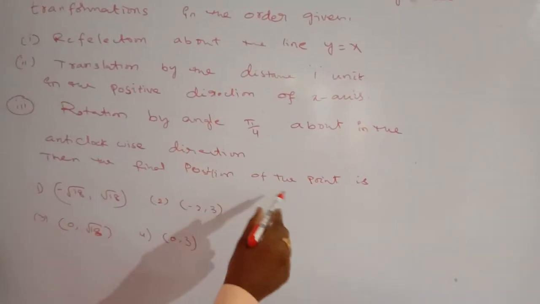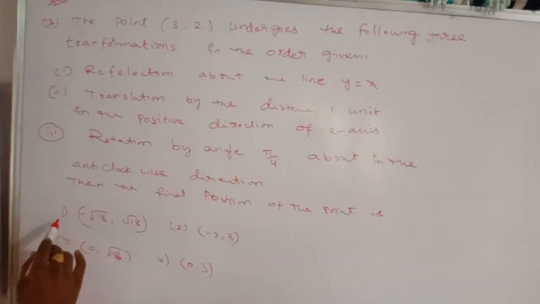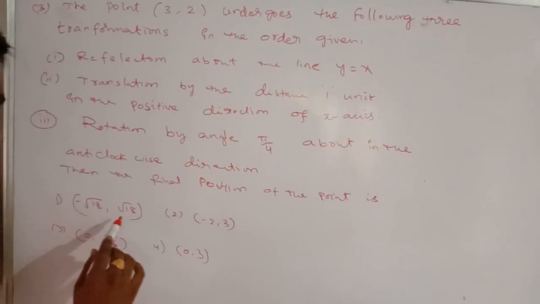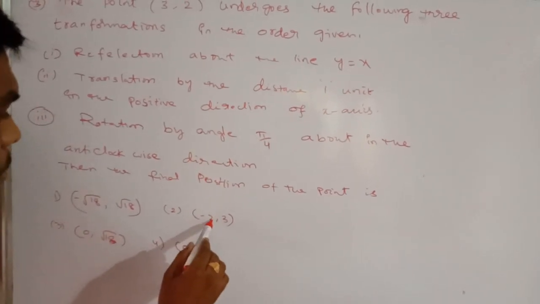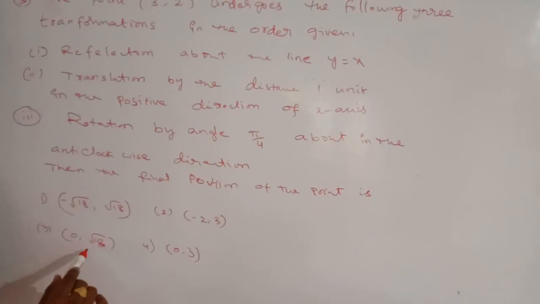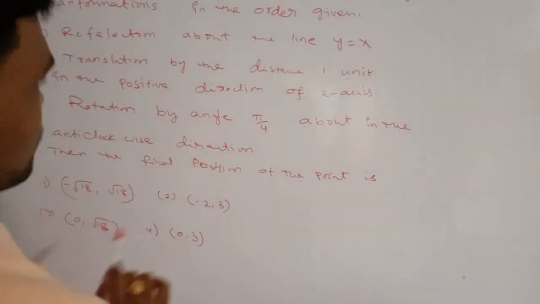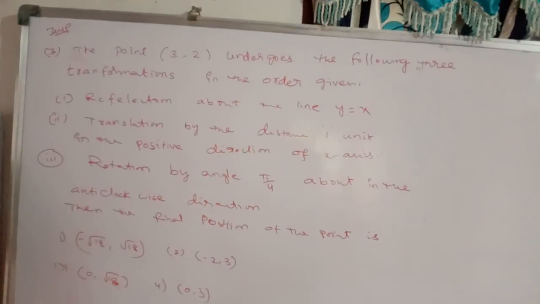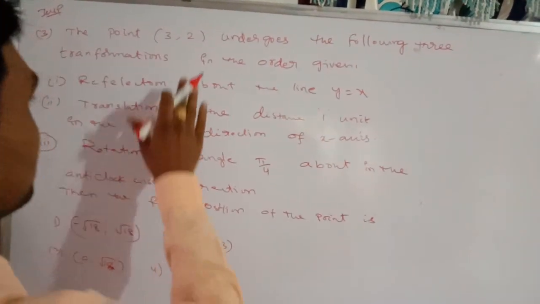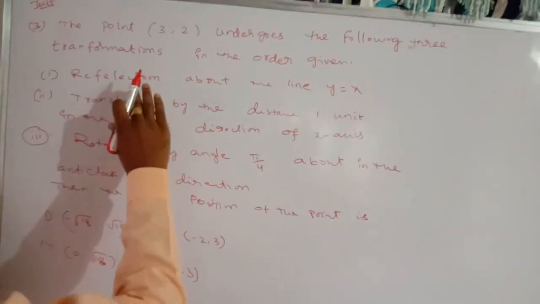Then the final position of the point is: first option minus root 18 comma 8 root 18, second option minus 2 comma 3, third option 0 comma 18, and fourth option 0 comma 3. First we observe the point 3 comma 2 and apply the 3 conditions one by one.